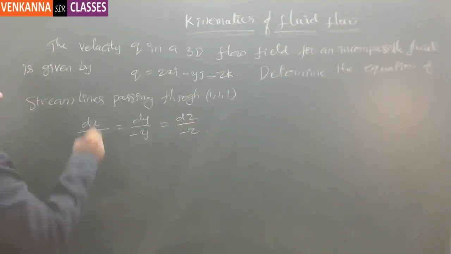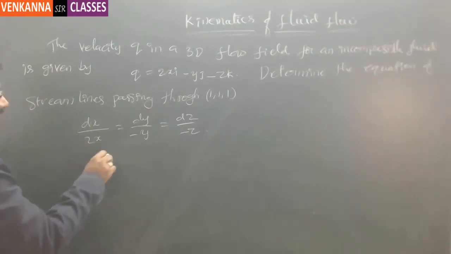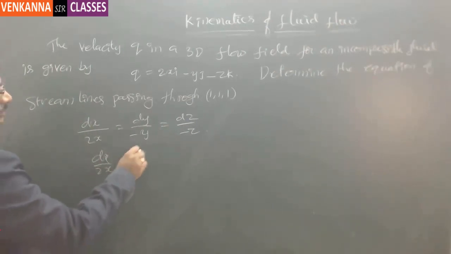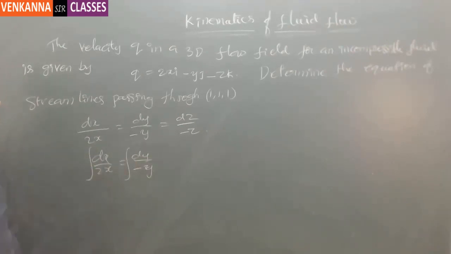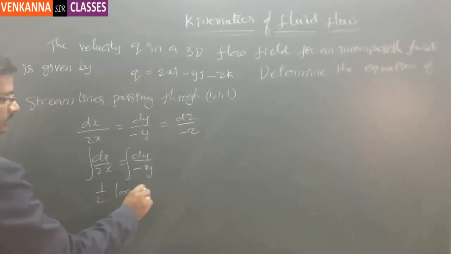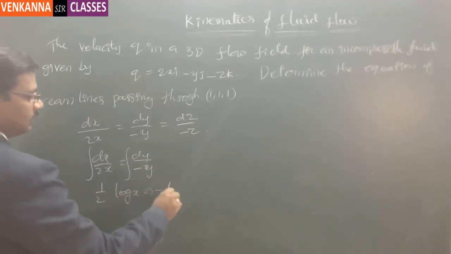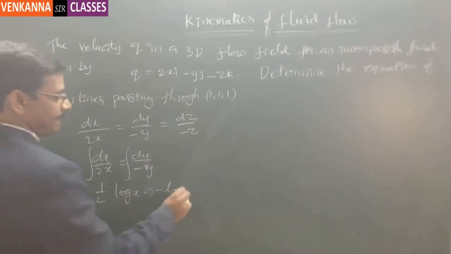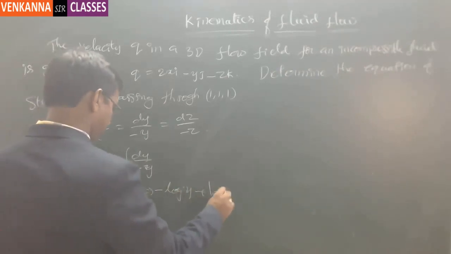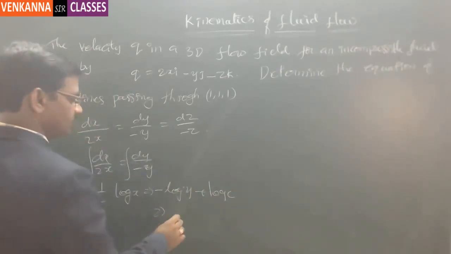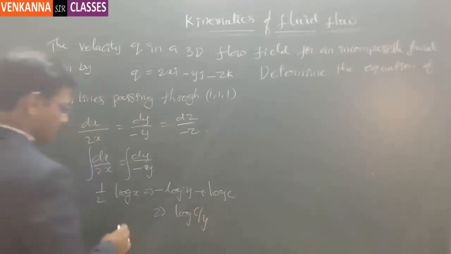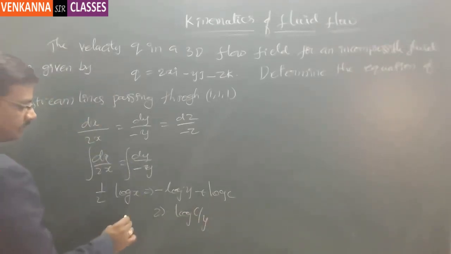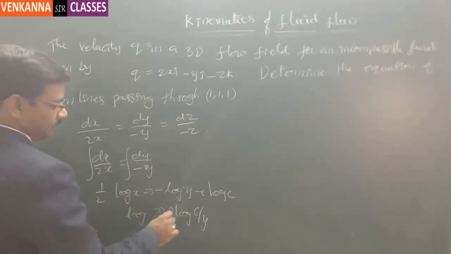So here if you integrate, take dx by 2x is equal to dy by minus y. Integrate on either sides. This is 1 by 2 times log x is equal to minus log y plus log c, or log c by y is equal to half log x, or log x here 2.